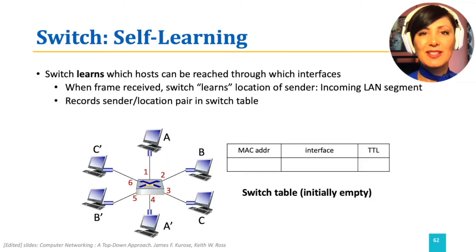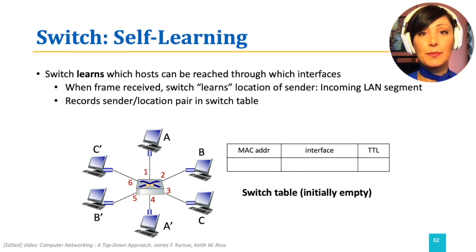A switch self-learns which hosts can be reached through which interfaces. The switch table is initially empty. When a frame is received, the switch learns the location of the sender from the incoming frame. It records the learned sender and the location in its switch table. The record remains in the table until the entry ages out.